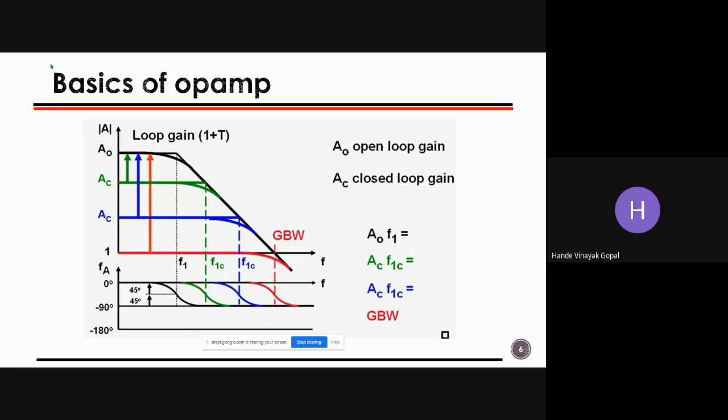And one interesting fact is that the integration of that particular area is always equal for everything, that is A0 F1 is equal to AC F1C, and AC is equal to F1C, right? So all these systems are stable, with a phase margin of approximately 90 degrees. So this is how this operational amplifier works when we connect it in open loop or in closed loop, right?